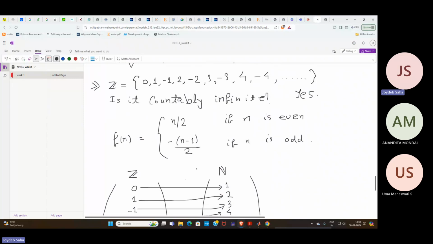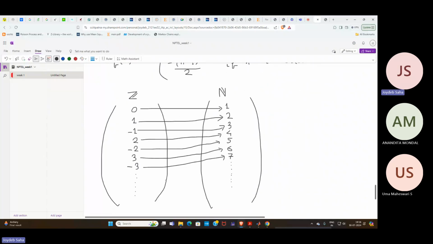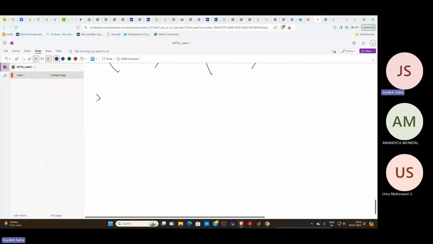Now we will come to another example. There is a set A. Let's define it like this.